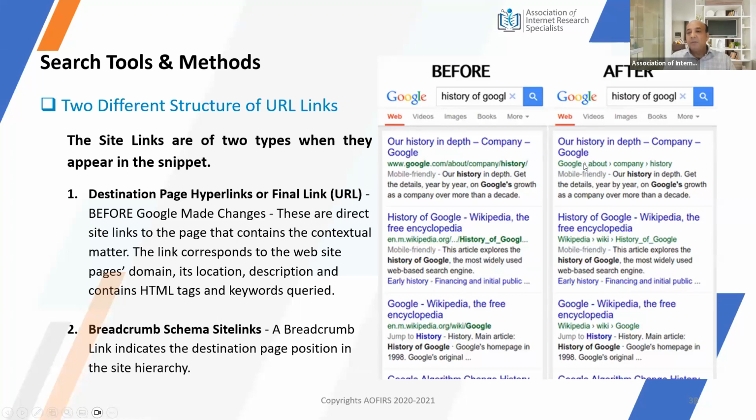What the arrow is telling you is that the site is from the Google domain, and this arrow is replacing a backslash followed by the word about, which is the page called about. After that, another backslash can be assumed, and the word company is a subdirectory or subfolder of about, and the word history denotes a further subfolder named history inside the subfolder company.